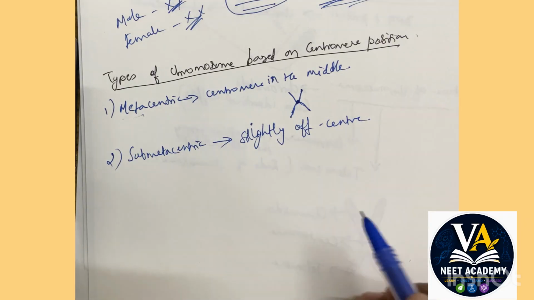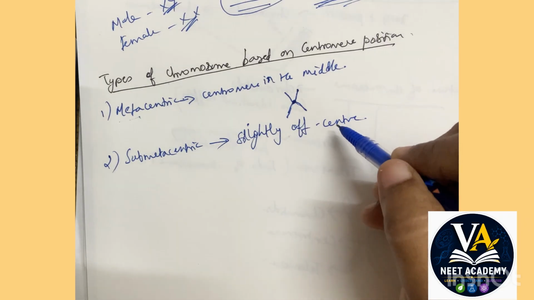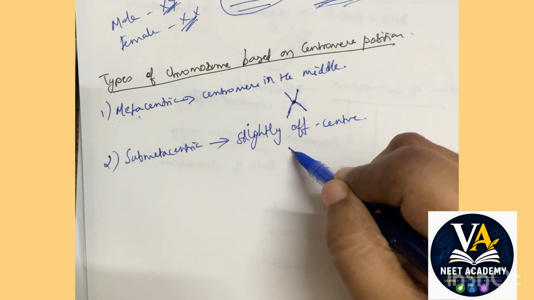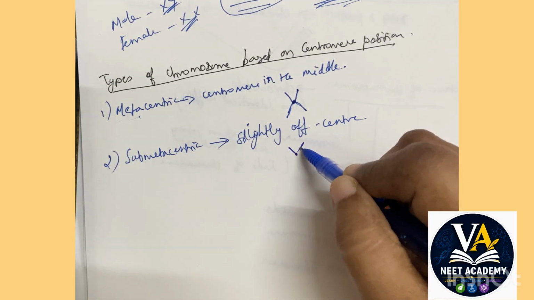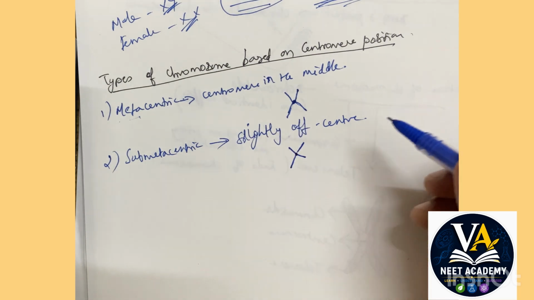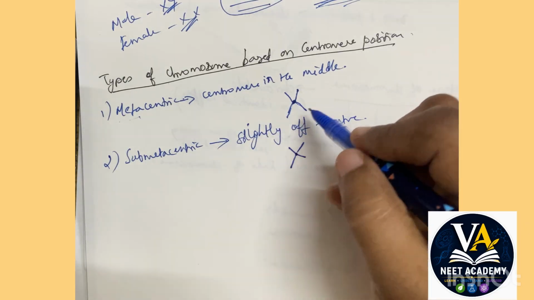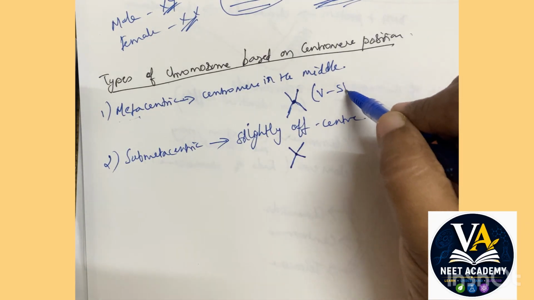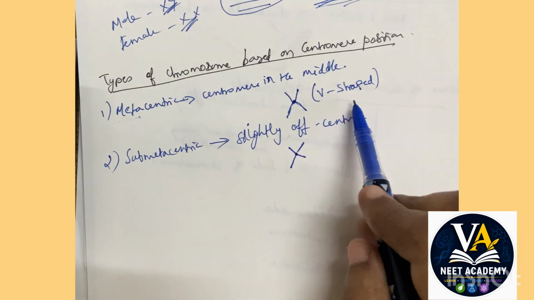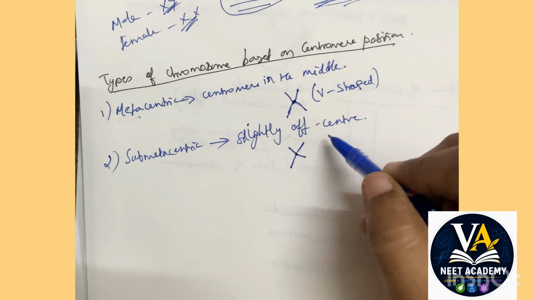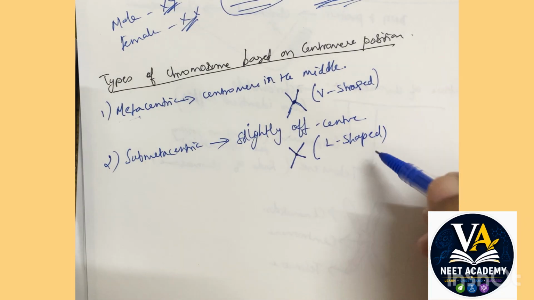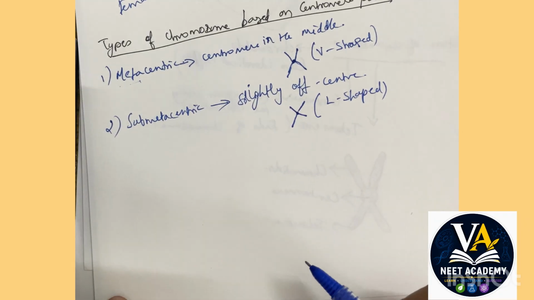The centromere is slightly off center, giving you a structure kind of like this. So one short chromatid and the other one a little bit longer chromatid. Now the metacentric forms V-shaped chromosomes, the submetacentric forms L-shaped chromosomes.